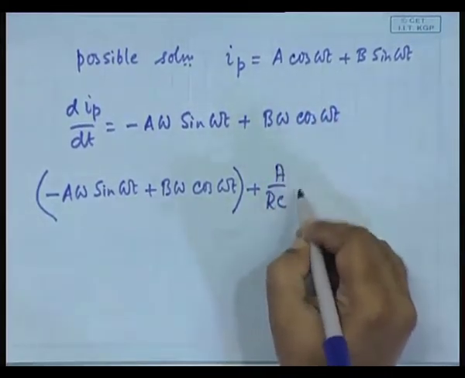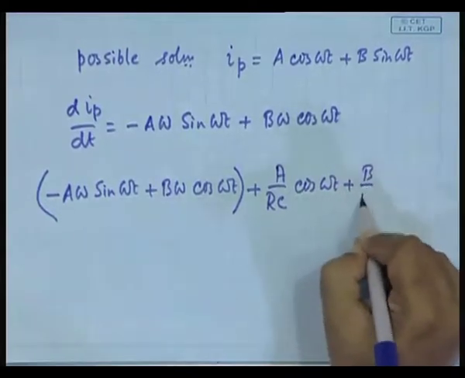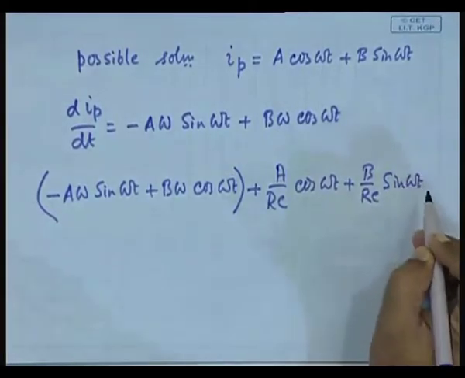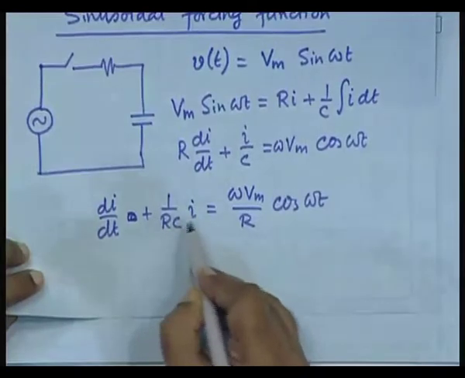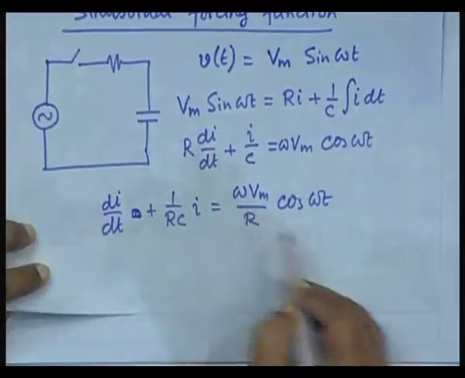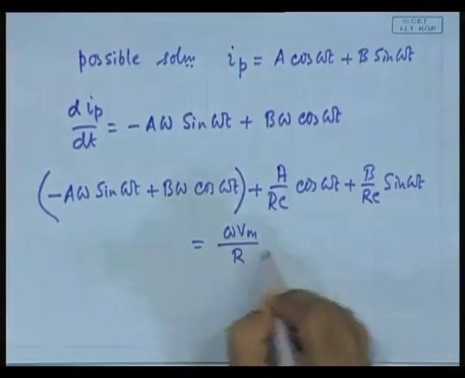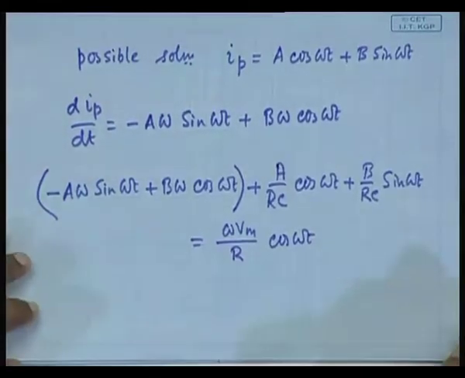So, a by R c cos omega t plus b by R c sin omega t is equal to omega V m by R cos omega t, fine.